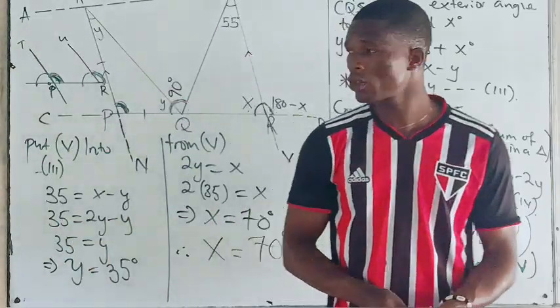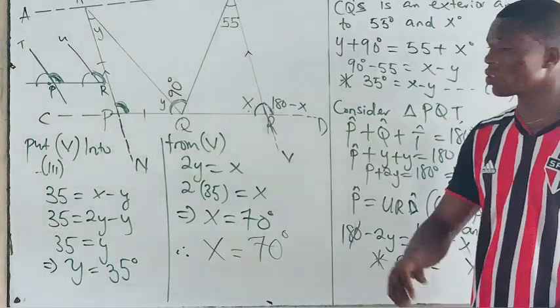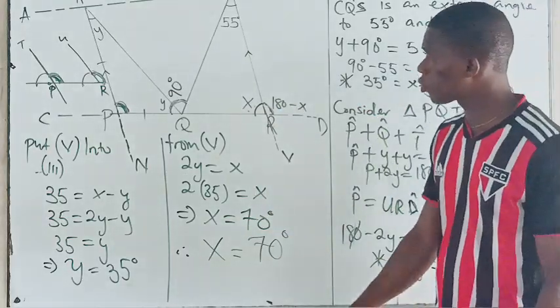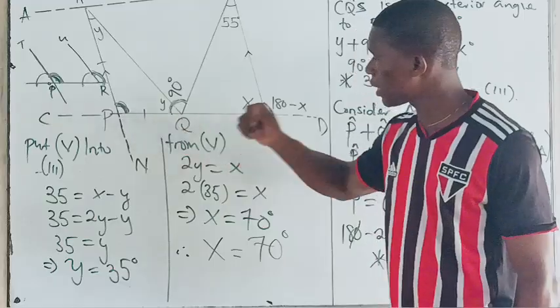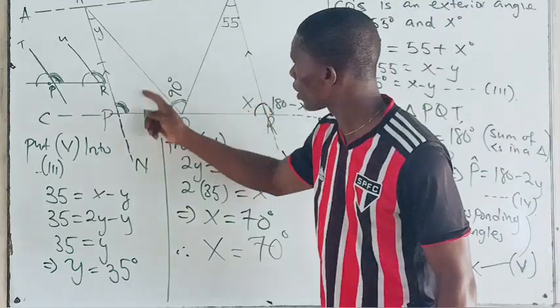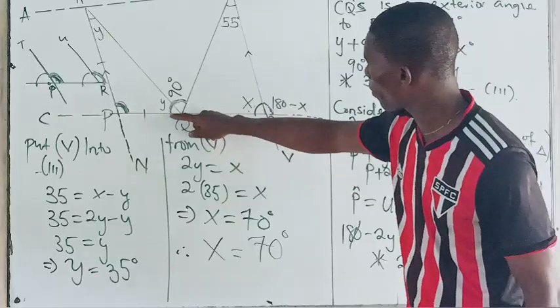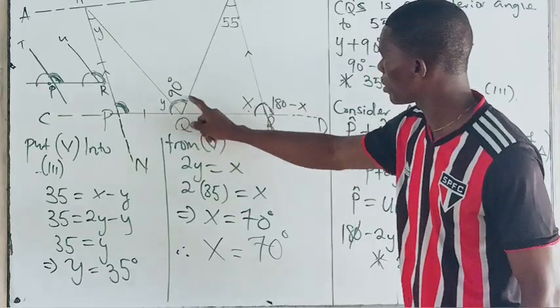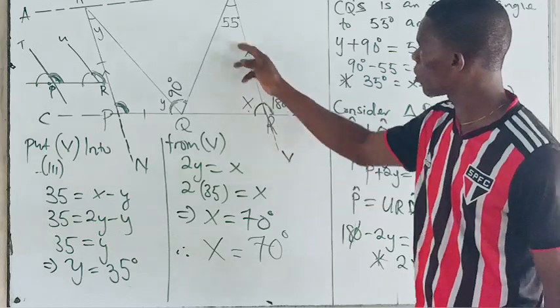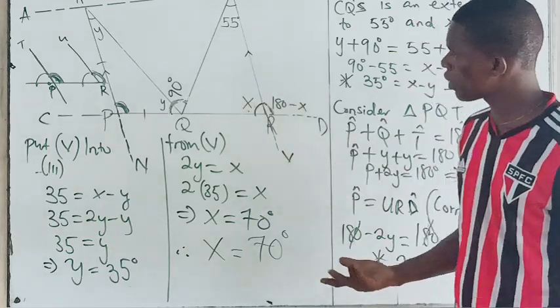So this is the solution to this question, and you can see that this question has helped us apply all the four theorems. Here we applied corresponding angle. Here we applied sum of angles in a triangle, right? Here we applied that exterior angle equals the sum of the two opposite interior angles.